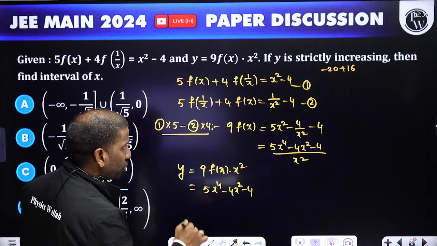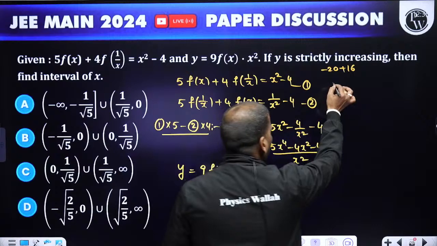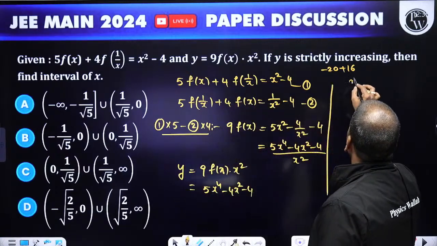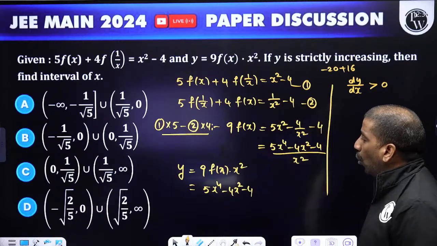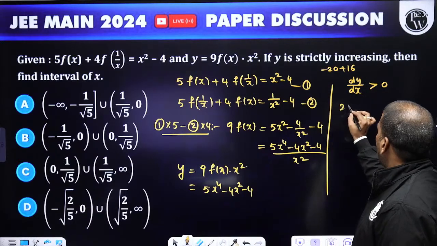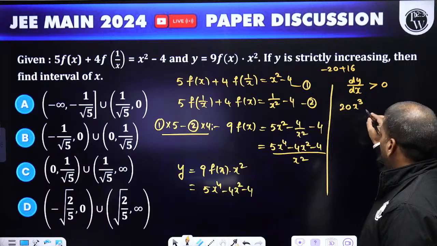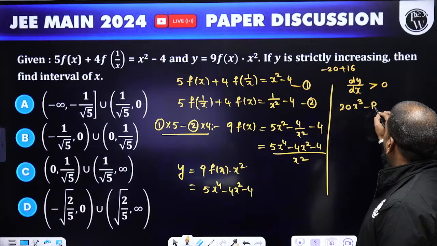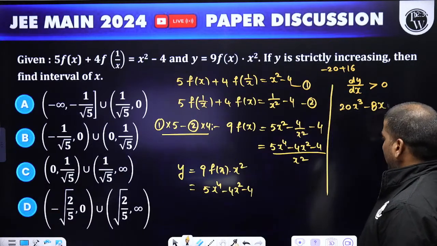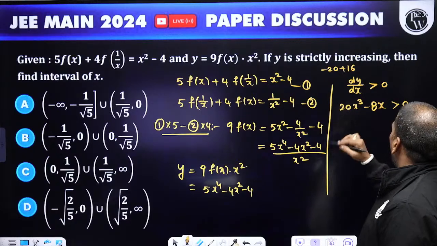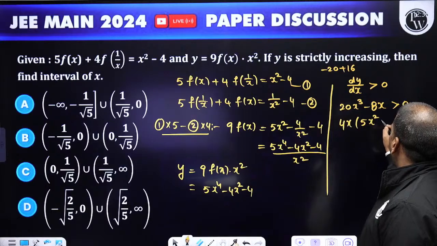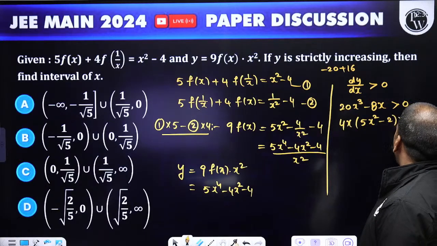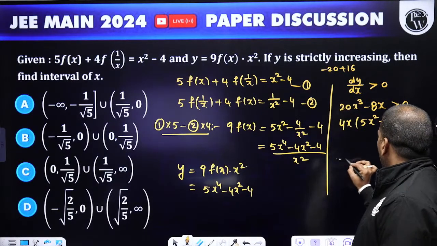Very simple question. Increasing function. So strictly increasing, dy/dx is greater than 0. Meaning 20x^3 minus 4 2s are 8x, which is greater than 0. I can take 4x common: 4x(5x^2 - 2) > 0. So now what are the factors?